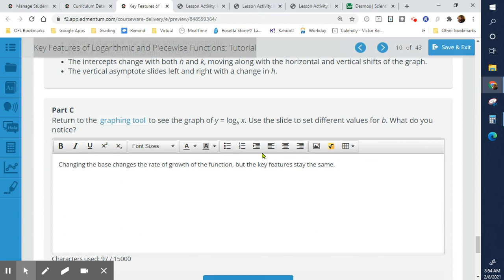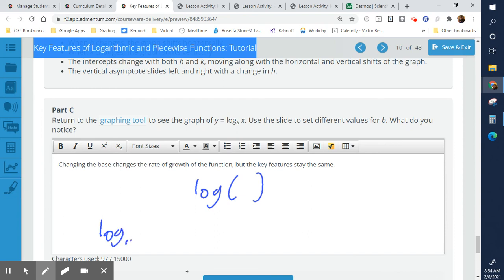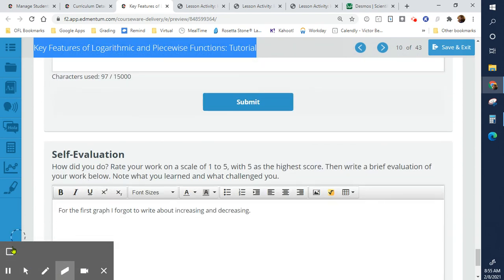And it makes sense that it does because when we talked about ln and log, all we were doing was changing the base. Log, like this, was log base 10. ln was just log base e. So the features didn't change, it's just how fast it grew that changed. So that's the main difference between those two.